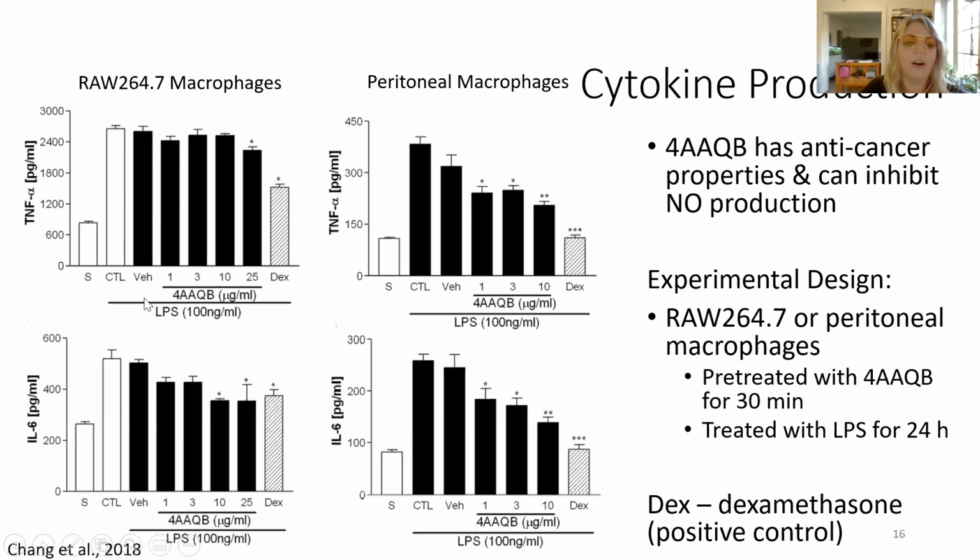And then there are the groups that were pre-treated with the 4-AQB, as well as the positive control DEX. And they saw a somewhat significant reduction in TNF alpha and IL-6 in the RAW cells, especially at higher doses. But they saw a very significant reduction in cytokines in the peritoneal macrophages.